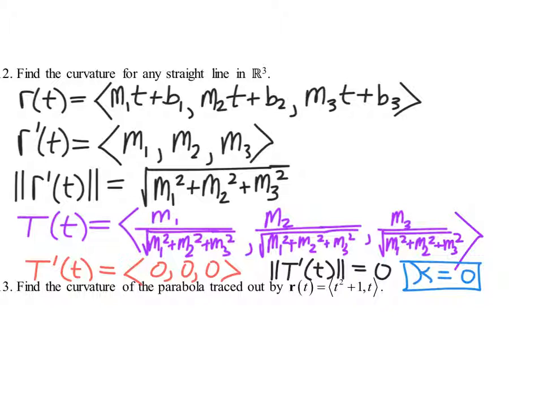Unless you were dealing with a set of linear equations in which all 3 slopes were equal to 0, in which case it would not be a straight line. It would just be a numerical vector. It wouldn't be a vector value function. It wouldn't be a line. You're looking at something that's going to be 0 over some real number, in which case the result is equal to 0.